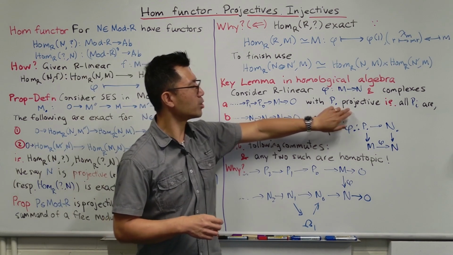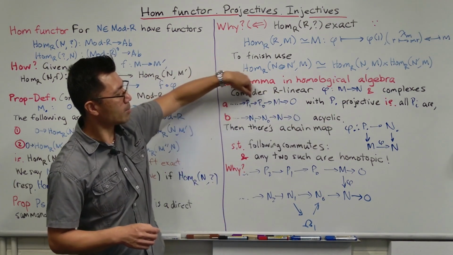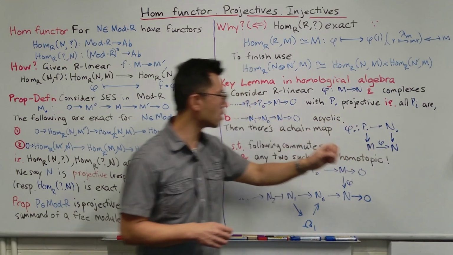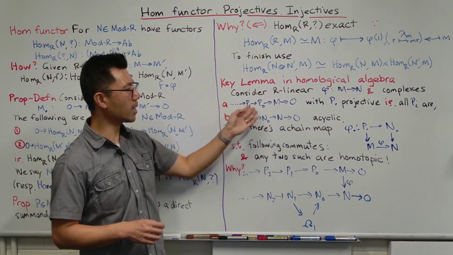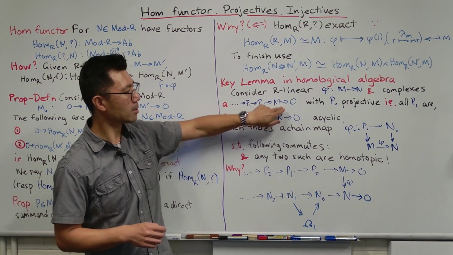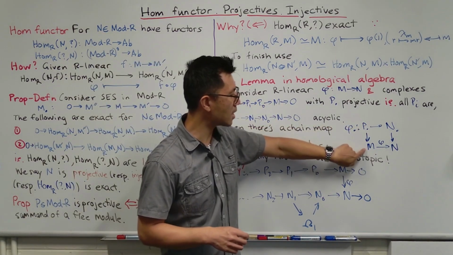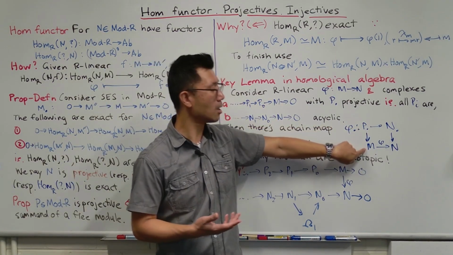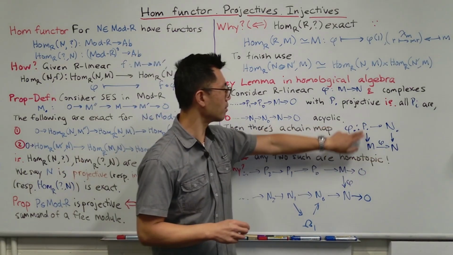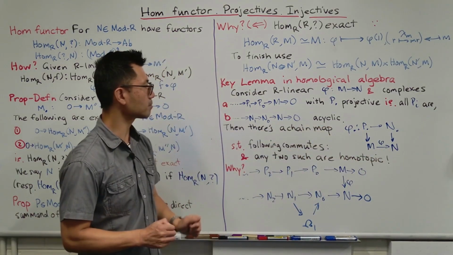And this P dot projective just means that all these elements, P0, P1, P2, and so forth, are all projective. So this is a projective complex P dot, and it maps to this M. So this M here, you can think of as a complex with M in degree 0 and zeros everywhere else. So P dot maps to M.